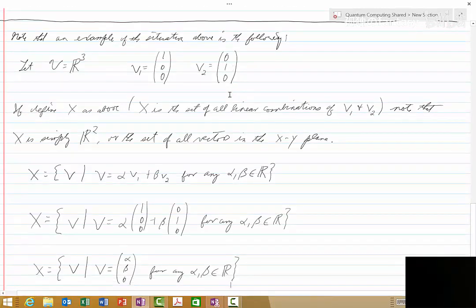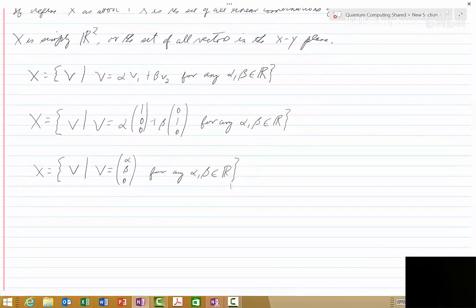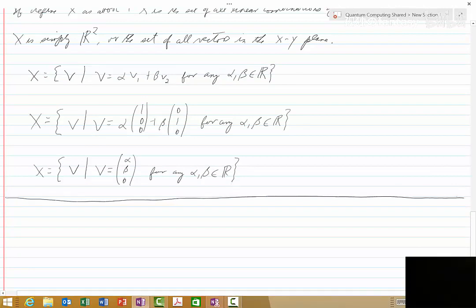Now let's talk about another idea. So let's first put in writing what I just said. V1 and V2 generate, or span, R2.